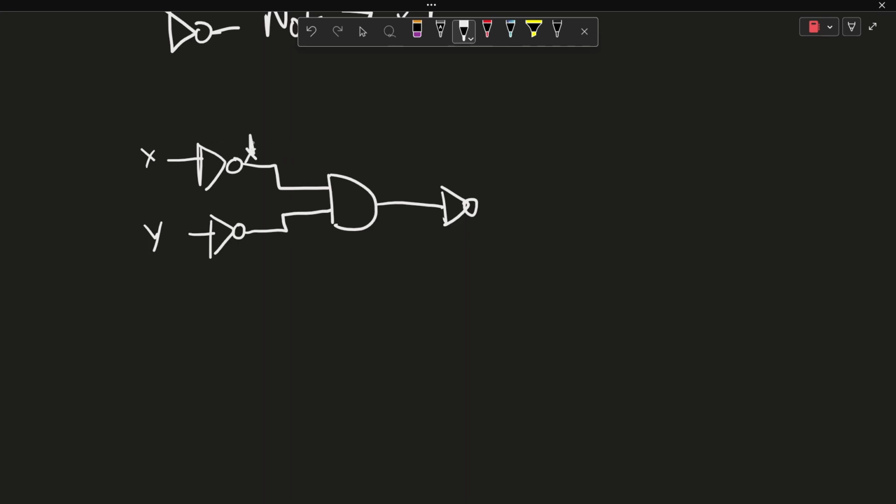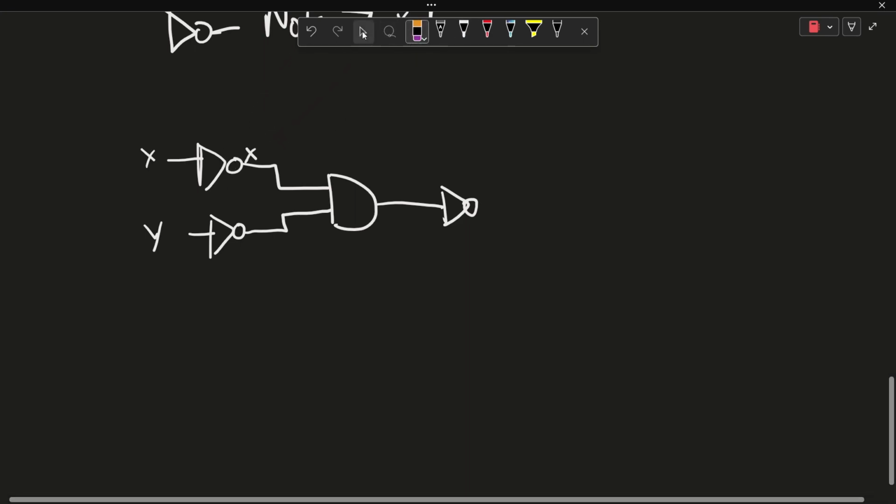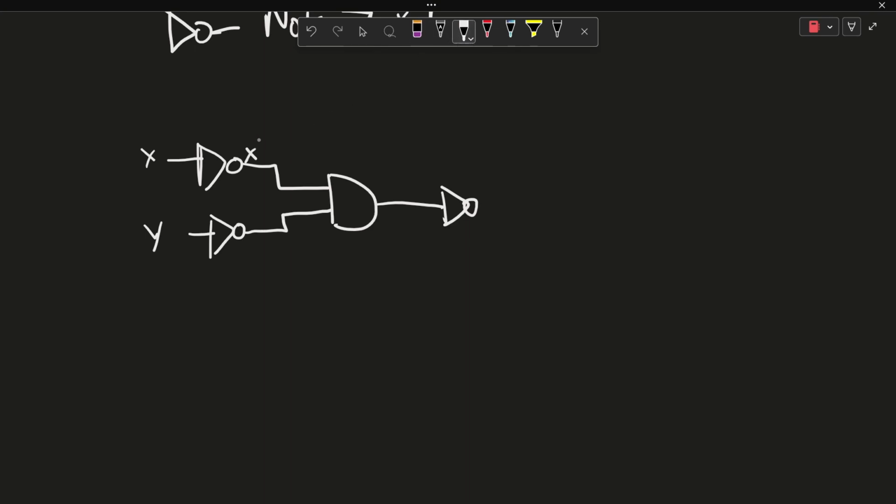X goes through the NOT gate. Y goes through the NOT gate, becomes a Y not. It goes through the AND gate, you get X not, Y not. And that goes through the NOT gate. This makes it X not, Y not, not.